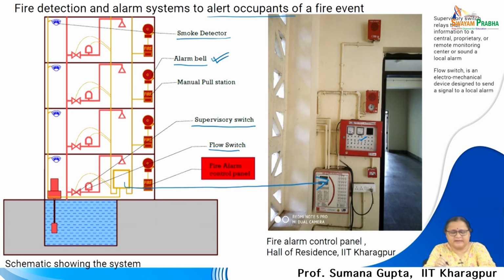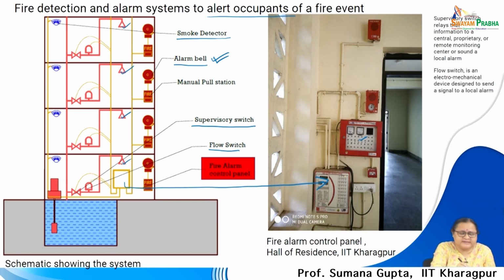Now, automatically, you can see there is another system, in a schematic picture. These are the sprinkler heads. It is shown as one, but it is actually a network, which you can also see in the video.